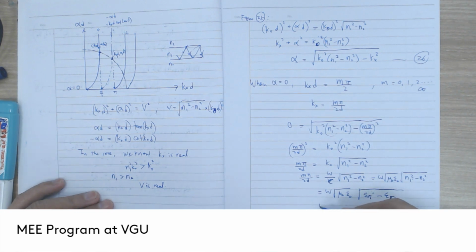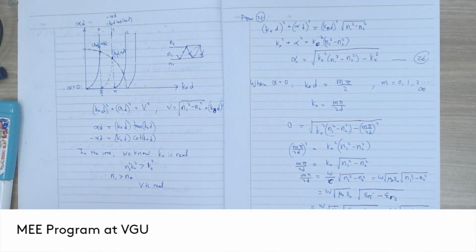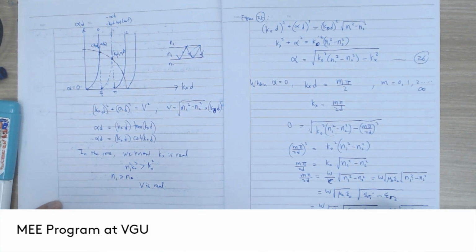So as a result, you can say omega, and of course you can write this omega. So if you want to know the omega for this condition, then you will get m pi over 2d.